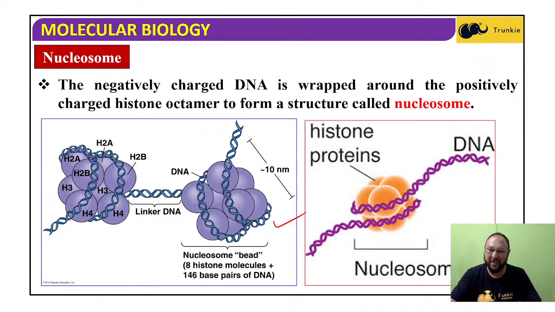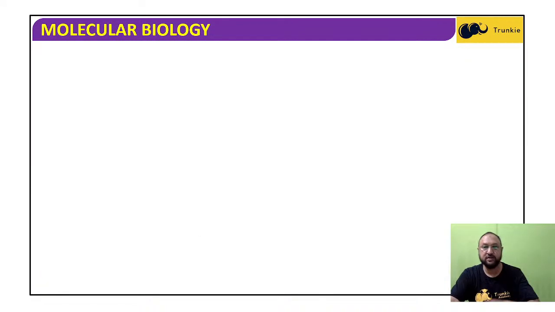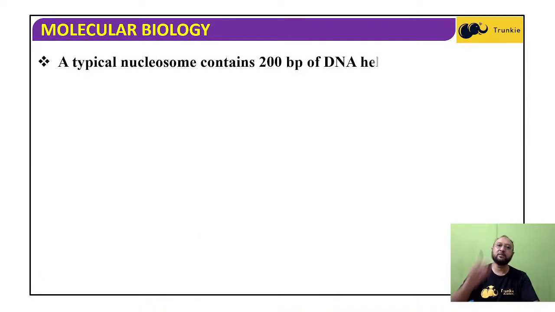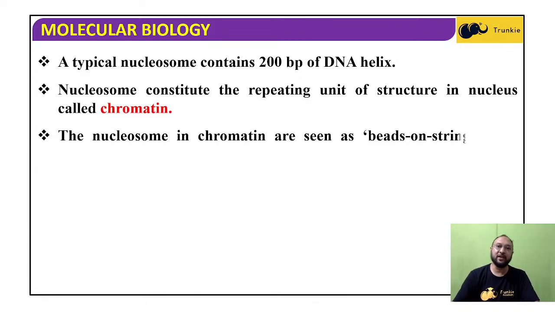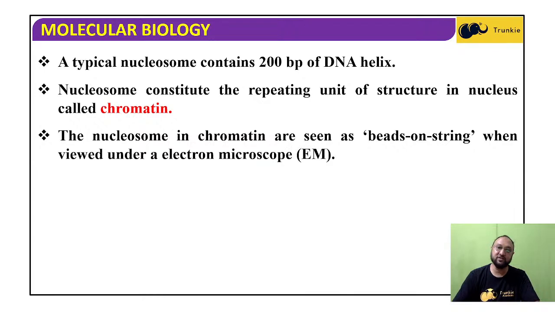A typical nucleosome contains 200 base pairs of DNA helix. While wrapping around the octamer of histone proteins, the DNA present in one nucleosome unit has 200 base pairs. Nucleosomes constitute the repeating unit of structure in the nucleus called chromatin.